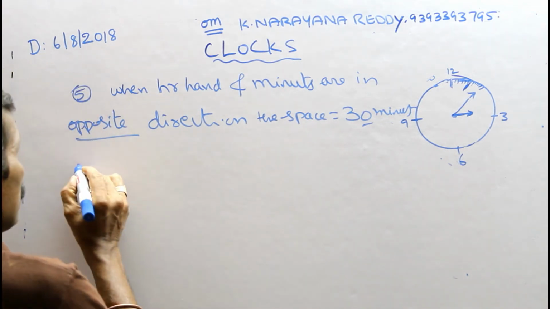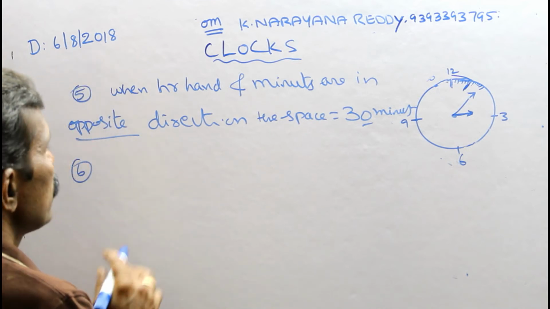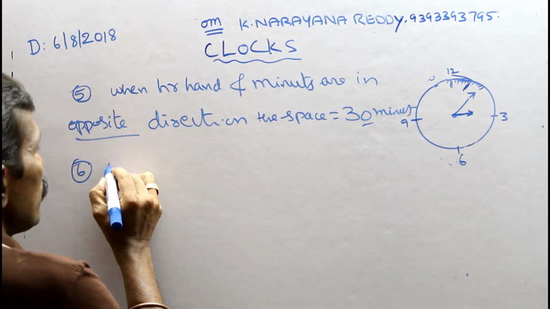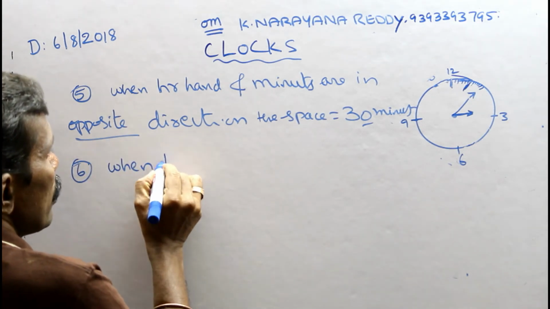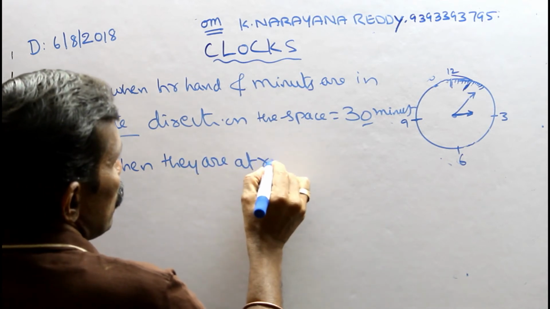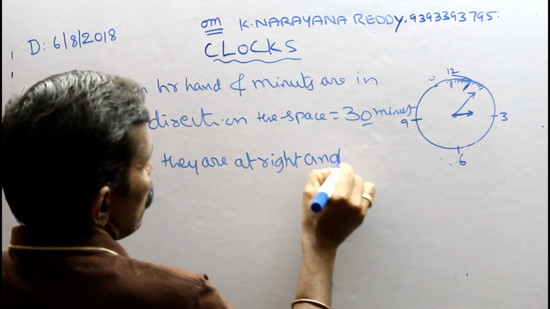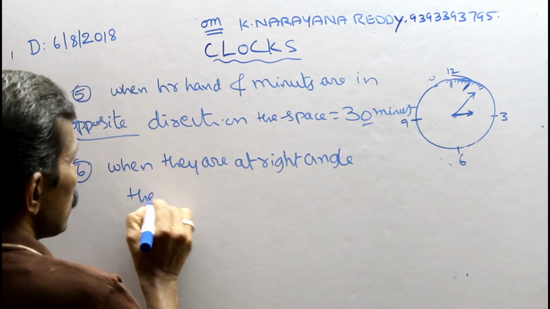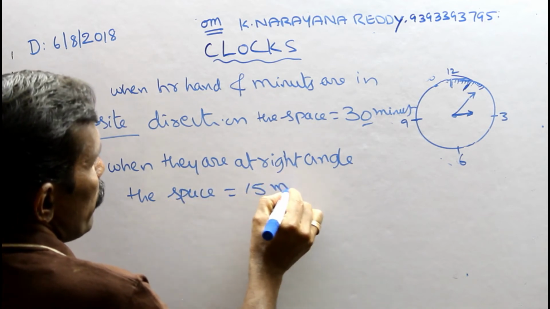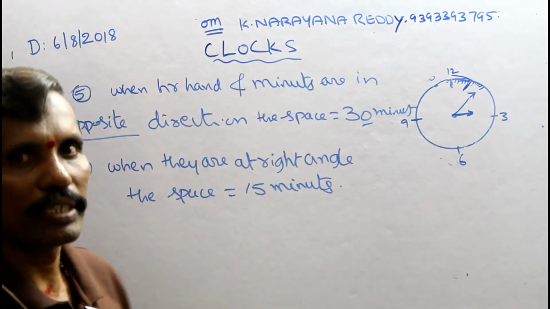Okay. 6 is, when they are at right angle, the space equals 15 minutes.